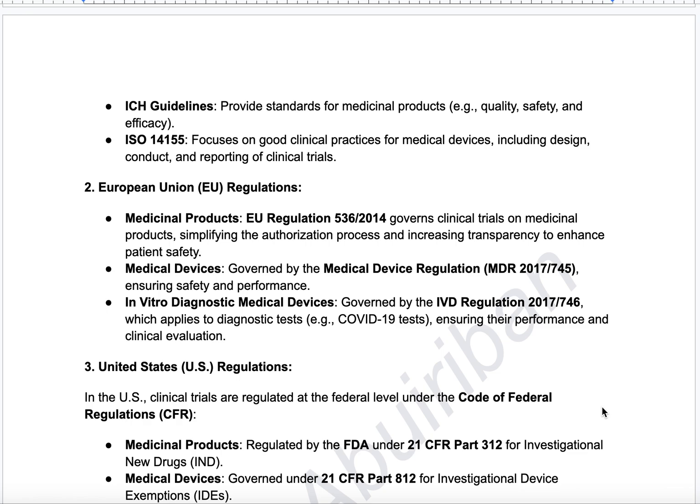In vitro diagnostic medical devices are governed by the IVDR 2017/746, which applies to diagnostic tests like the COVID-19 test, ensuring their performance in a clinical evaluation.